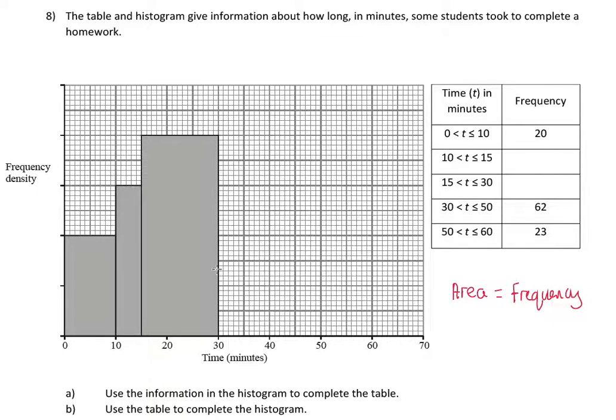Okay, so the area of that bar is 20, so 10 times what gives us 20? Well, we know that must be 2. Okay, well, the other way to think about it is to remember the formula for frequency density. So frequency density, just like any other type of density, density means stuff per space.